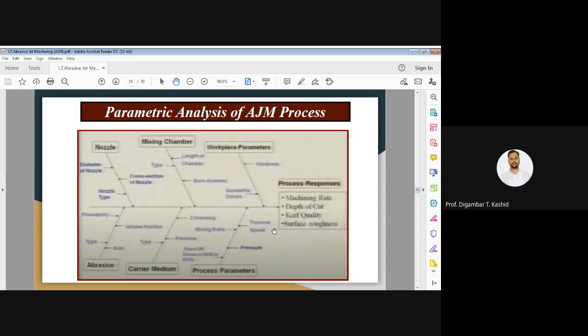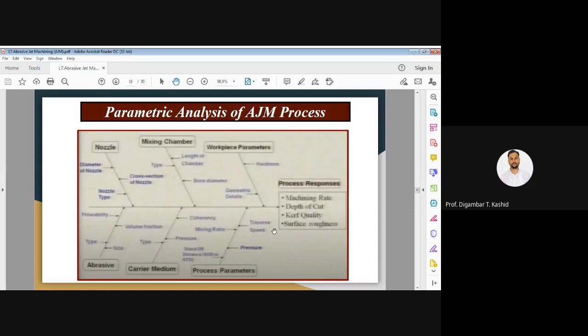If you talk about the pressure, the pressure with which the jet is coming out will decide the velocity of your jet. That means it will decide your kinetic energy, and we know the formula, 1/2 mv squared. So pressure is also an important parameter. Then the mixing ratio will give you how much volume of abrasive is there in your abrasive air jet.